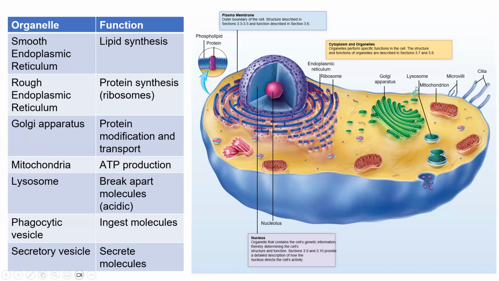Sometimes we'll use a vesicle to secrete something out. And what these bubbles are, they don't just kind of appear out of thin air. They're pinches or little blebs that come off of our different membranous organelles. The Golgi is really the best example of this, and even parts of our cell membrane have the capability of forming these vesicles.